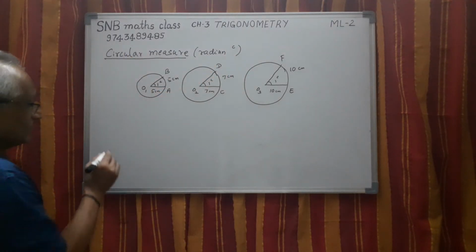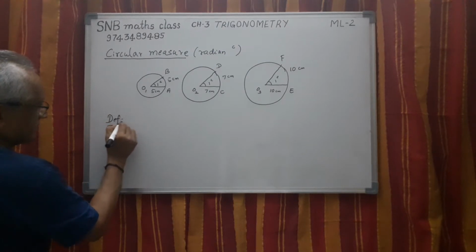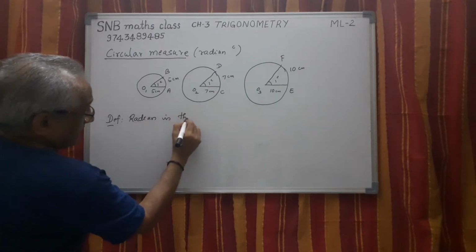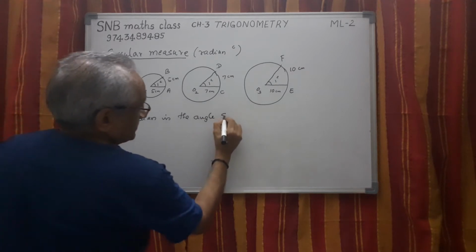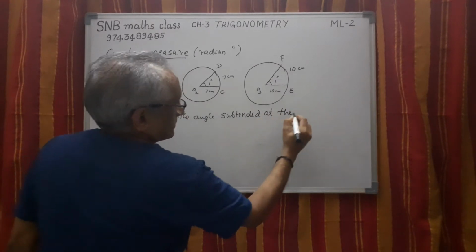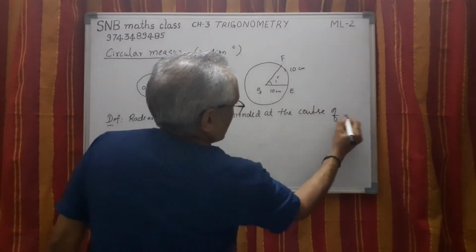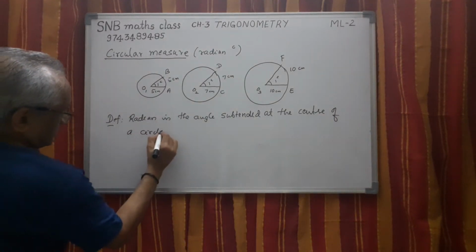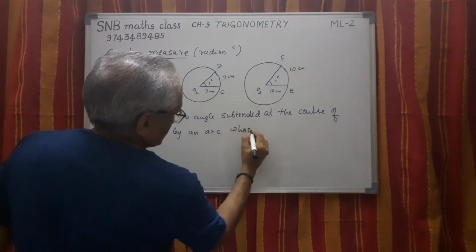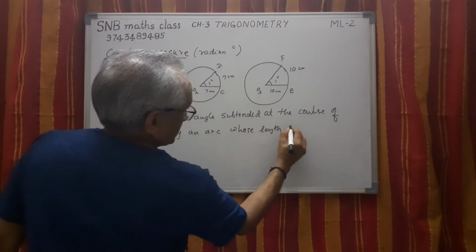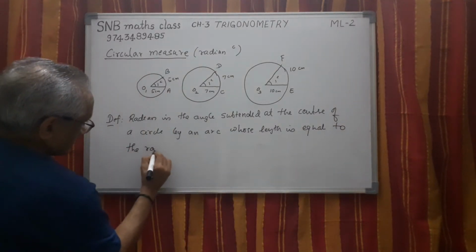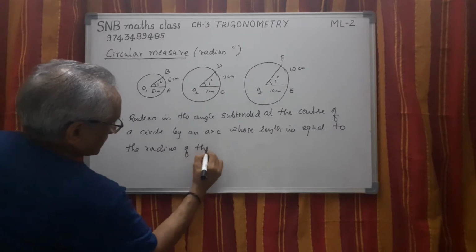So now we can define. So what is the definition therefore? So definition is radian is the angle subtended at the center of a circle by an arc whose length is equal to the radius of the circle.